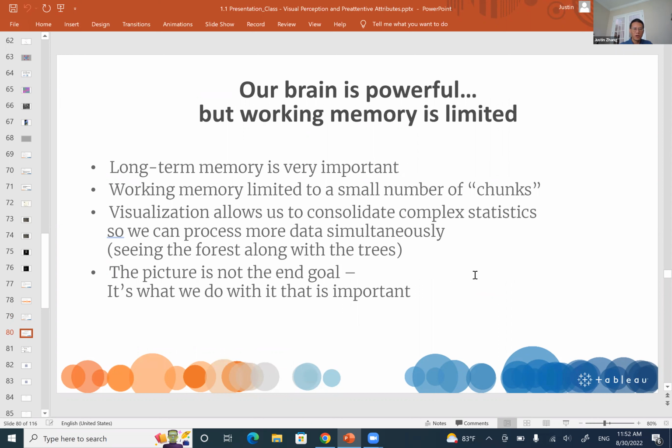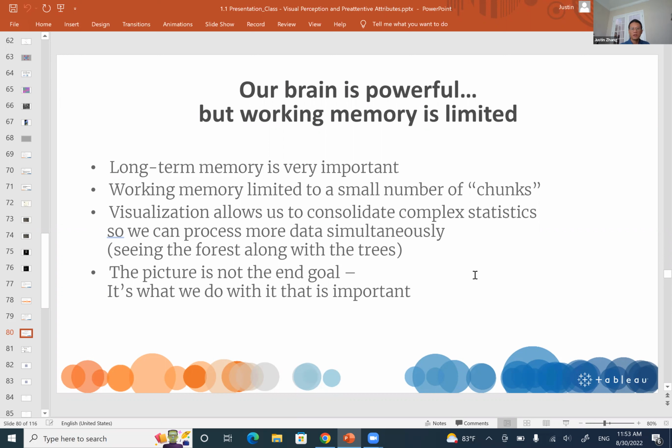So our brain is powerful, but our working memory is limited. So long-term memory is very important. At the same time, working memory is limited to a small number of chunks. So we can only memorize something for a short amount of time because we have limited working memory.